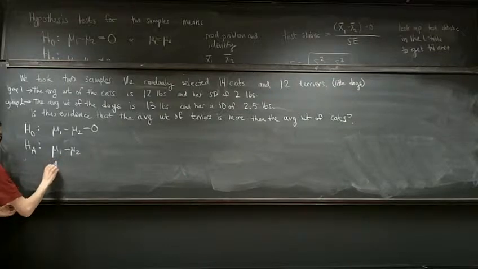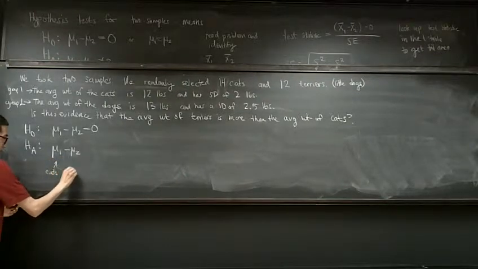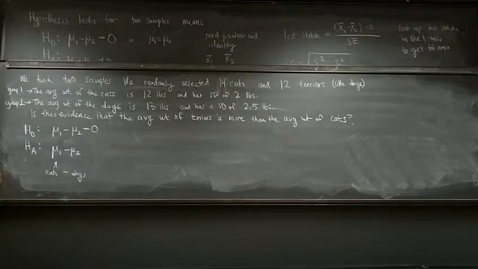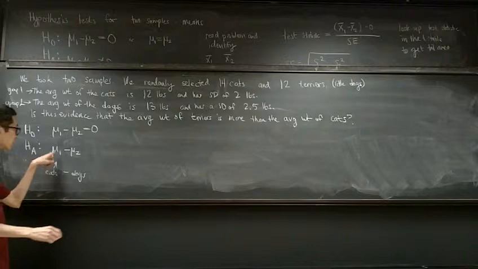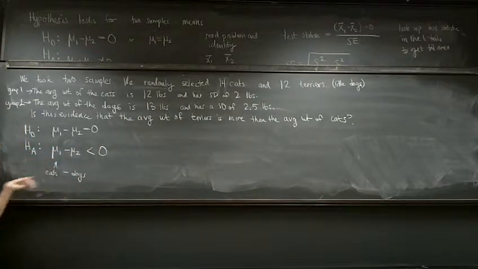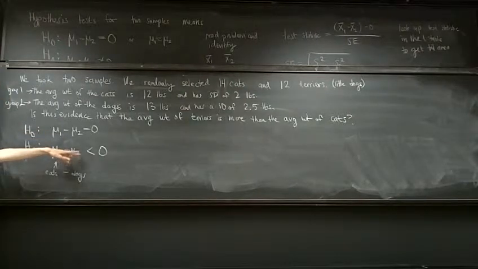Remember, this is the cats minus the dogs, and we're asking, do the dogs weigh more than the cats? If the alternative were true, cats minus the dogs would be less than 0. So the hard part is recognizing which direction your alternative should face.